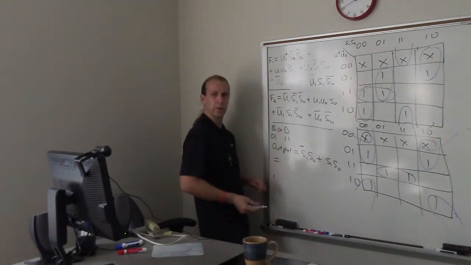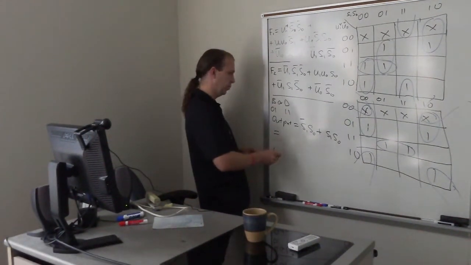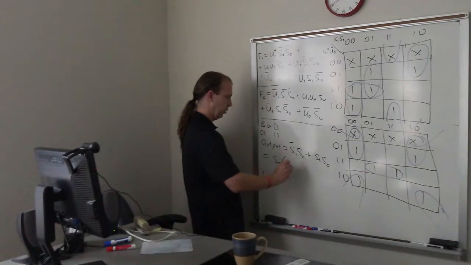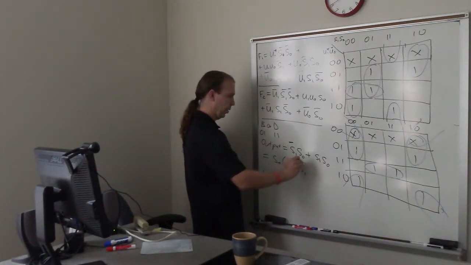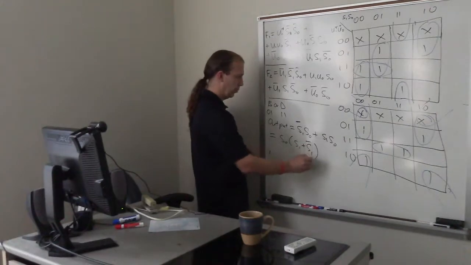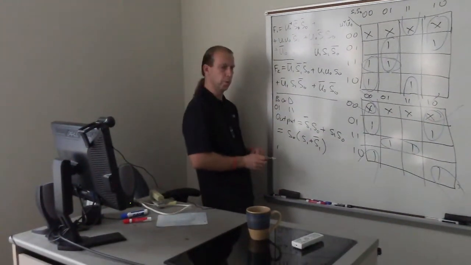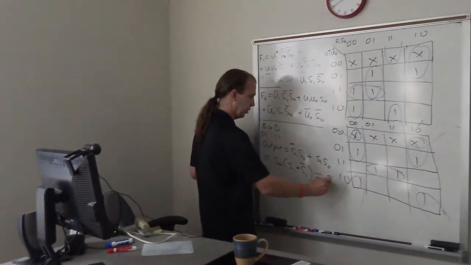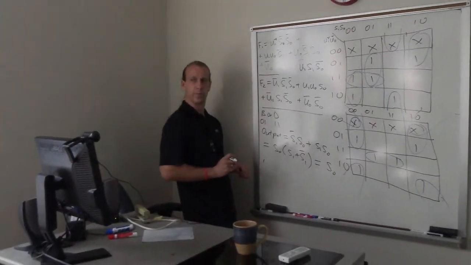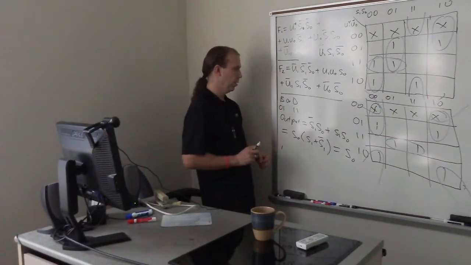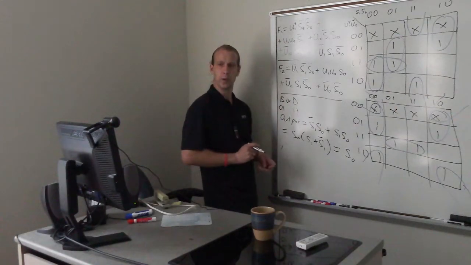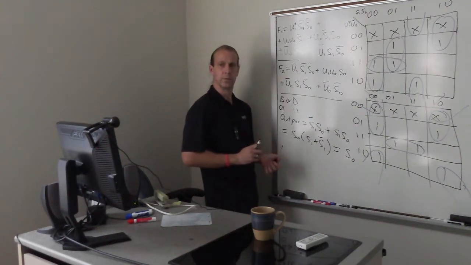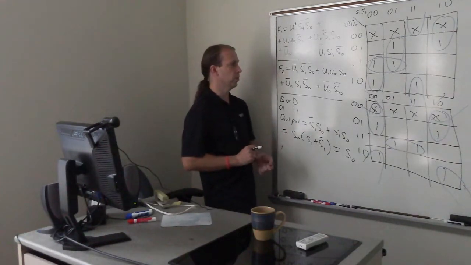I don't really want to draw the Karnaugh map for two variables, but we can, and it will be S1 plus S1 inversion, is logic 1. Right? So it will be just S0. In other words, our output will be equal to 1 when S0 is equal to 1. That's the output function.